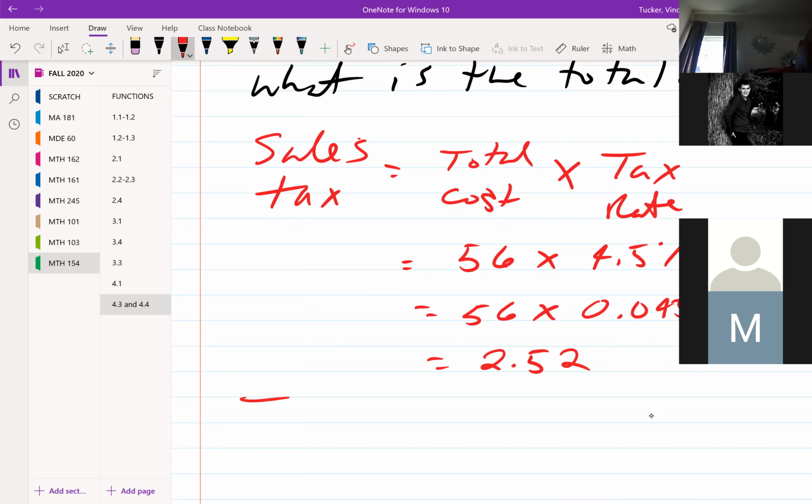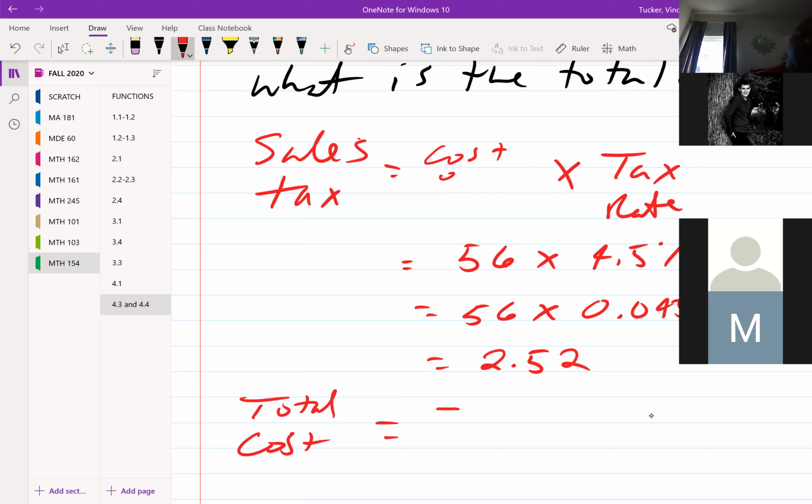And total cost. They call this total cost. Let me call this one up here cost of merchandise, something like that. So change that to cost of merchandise times your tax rate.